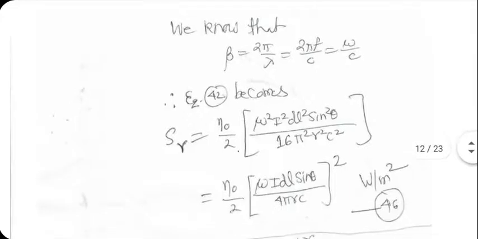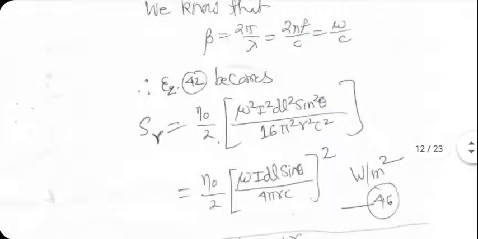It's mind-boggling to see what we are doing even with a small piece of wire. We know that beta is omega divided by c, assuming air medium. If I use the definition in the formula for S_r, I get another form of S_r, which is also given in the books a lot. It is equation 46. That is another way of saying the same thing.